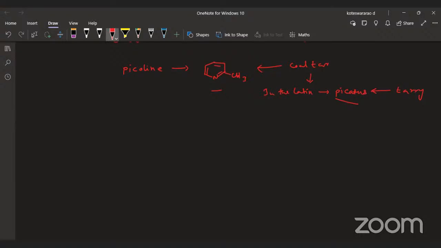Almost 60 trivial or semi-trivial names are considered or recognized by IUPAC.